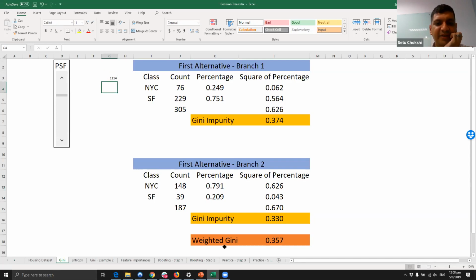Any other values that you can think of? Play around with it and see. 1114 gives me a Gini index of 0.357.